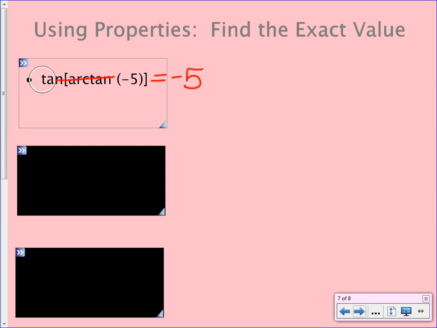Now, what if you were kind of panicking and you weren't quite sure if they could cancel or not? What could we do? We could draw a picture. We love drawing pictures, right? The arctangent of -5: our output is an angle. Since it's the arctangent of -5, where is the angle?